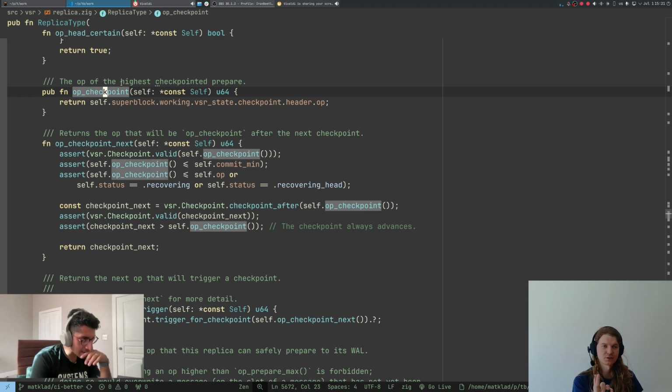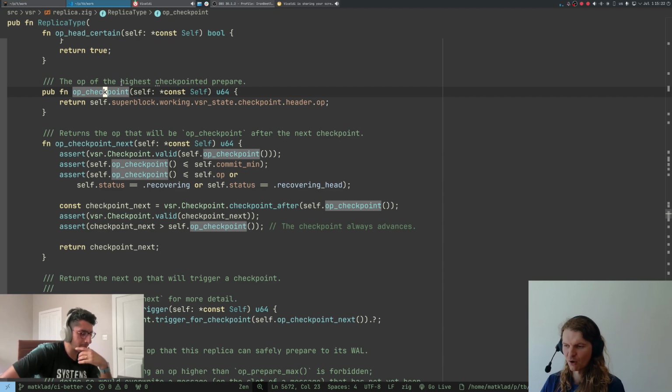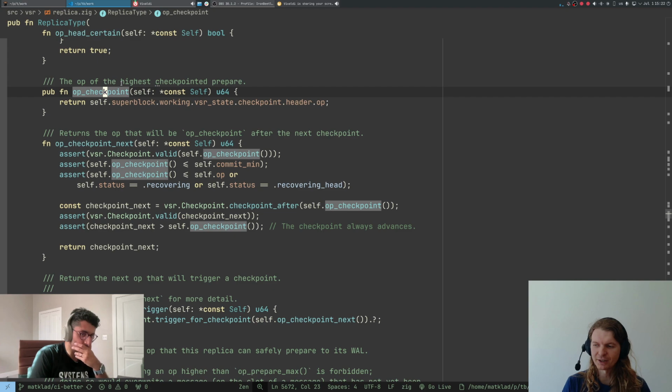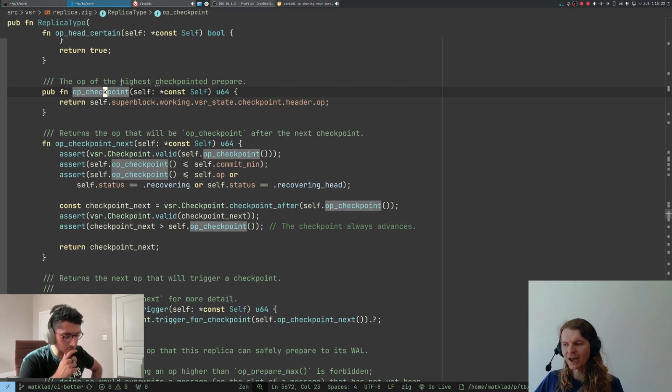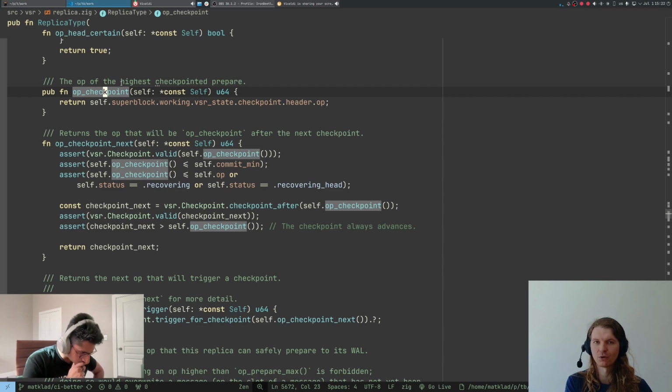And there is a difference between how you process prepares normally before the crash and when you start up after the crash. When you start after the crash, you know that during the first compaction interval of prepares, you shouldn't actually be running compaction, because this compaction is already on disk.